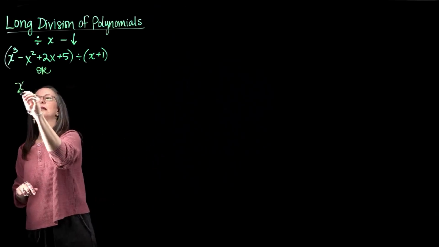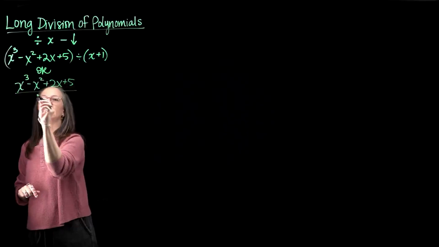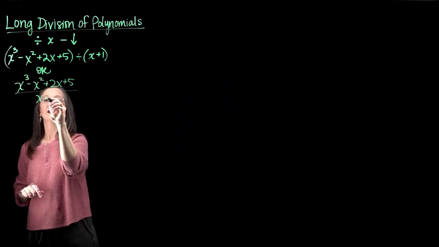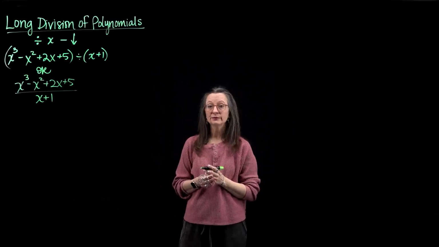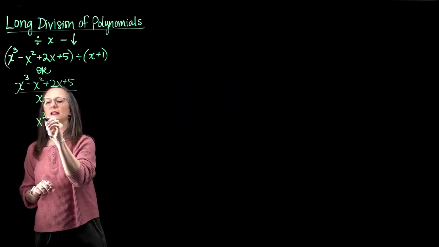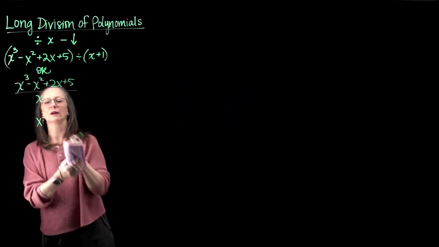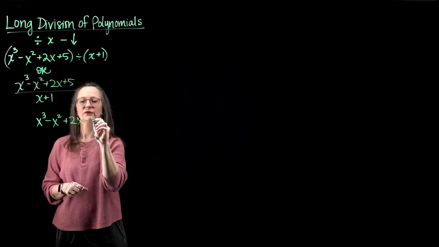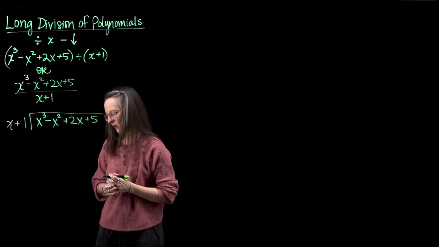Or you could also see it written with a fraction bar, with the x cubed minus x squared plus 2x plus 5 over x plus 1 in the denominator. These mean exactly the same thing. What they mean is we need to divide that polynomial. So I'm going to write the x cubed, whoop, that was a minus, not a plus. All right, fixed it. Minus x squared plus 2x plus 5 inside the division symbol with x plus 1 on the outside.